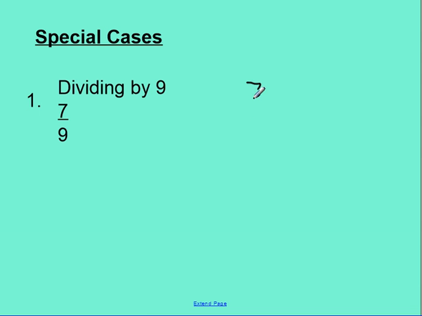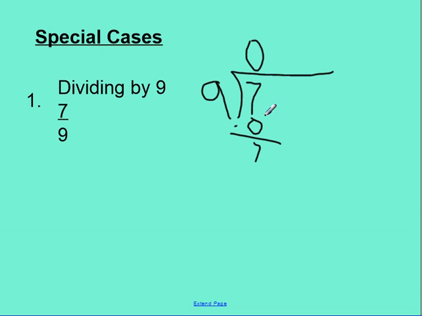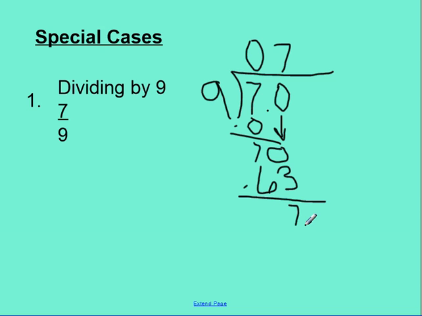So if I have 7, which gets in the house first, and it's divided by 9, 9 can't go into 7. So I start my whole process, add a decimal point and a 0, bring the 0 down. 9 goes into 70 7 times, leaving me with 63. Subtract, I end up with 7.